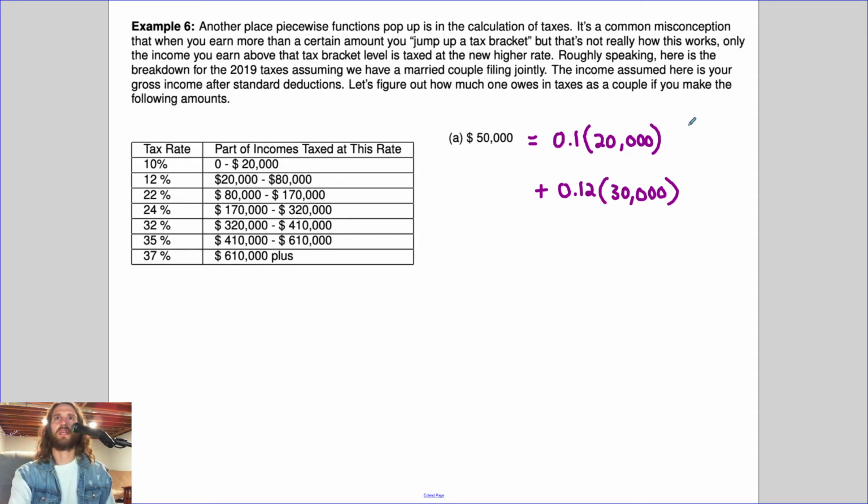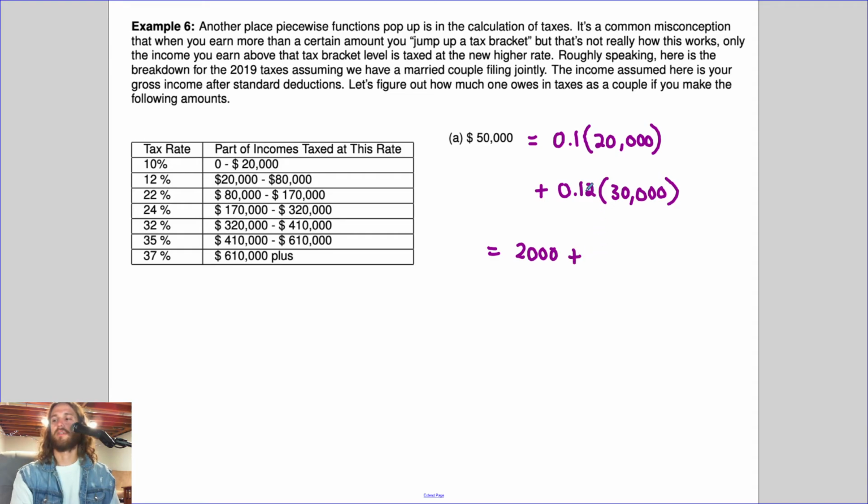That one should be easy. The first one, 10% of 20 should just be 2,000. You'll pay $2,000 on the 20,000, plus, what is this?